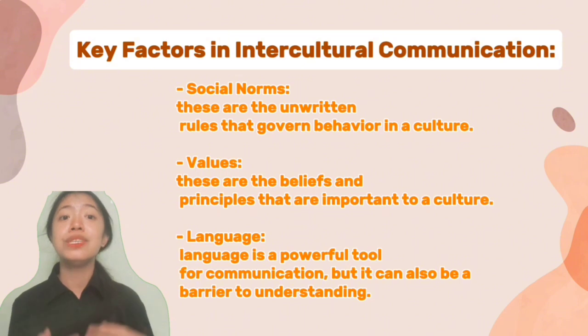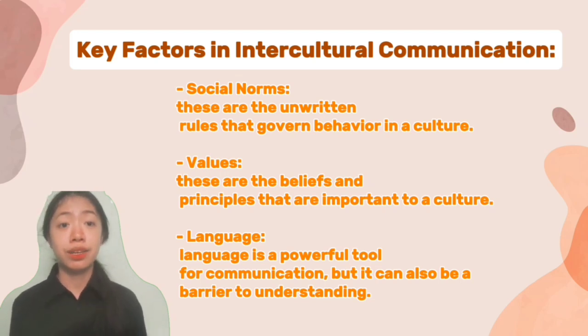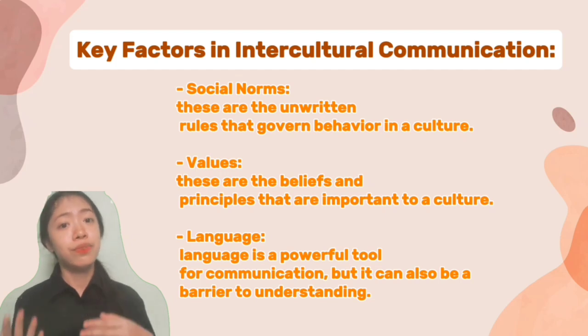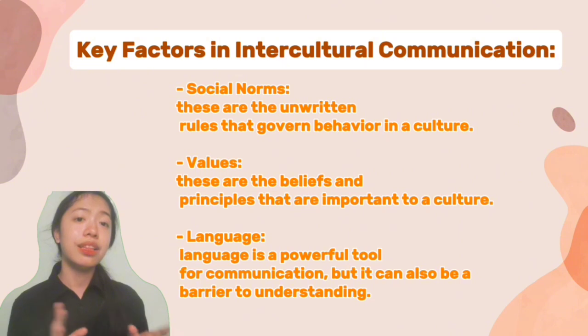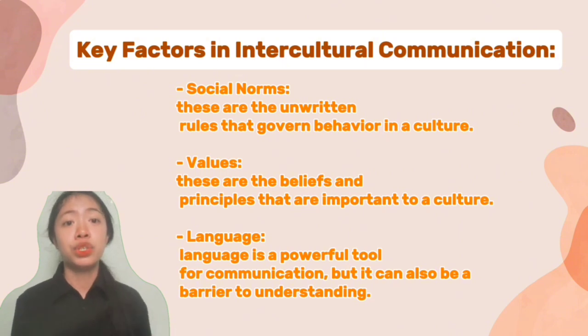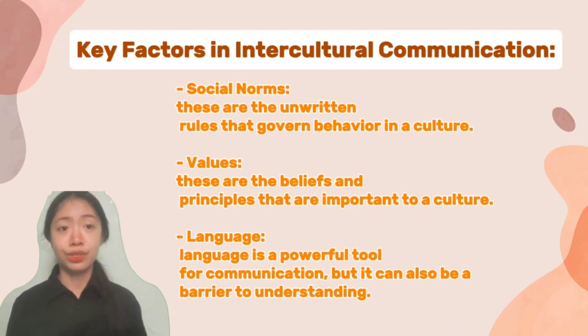Values are the beliefs and principles that are important to a culture. They influence how people view the world and make decisions. And lastly, language. Language is a powerful tool for communication, but it can also be a barrier to understanding. Different languages have different ways of expressing meaning, and even within a single language, there can be regional or cultural variations.